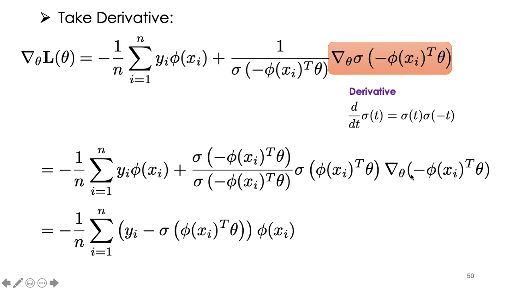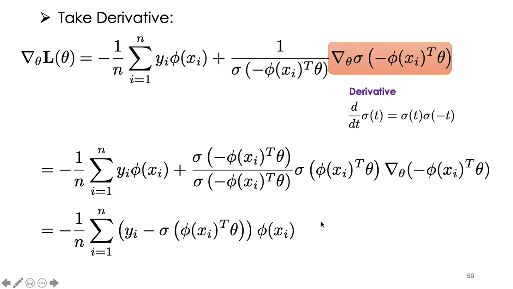When you differentiate this linear transformation with respect to theta, you will get minus phi of xi. So this is a cancellation, and you are left with just sigma of the linear transformation, which has come down here, and times, of course, the phi.